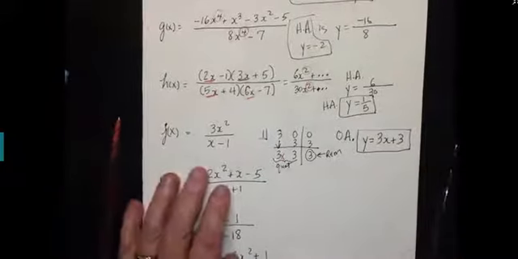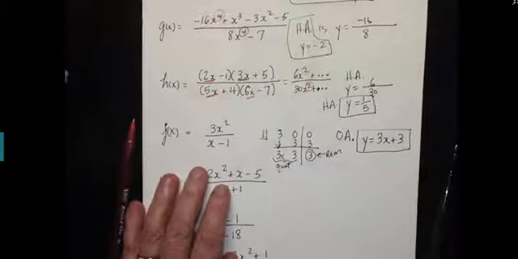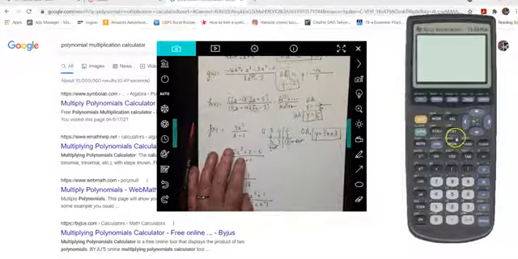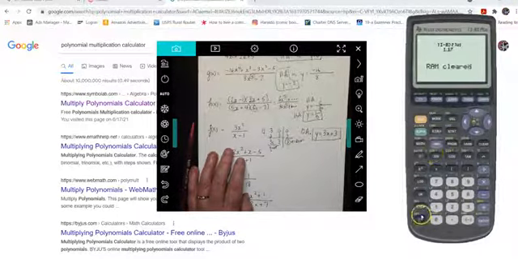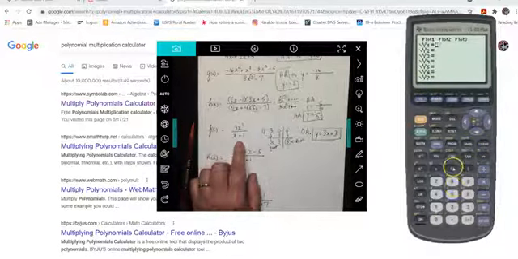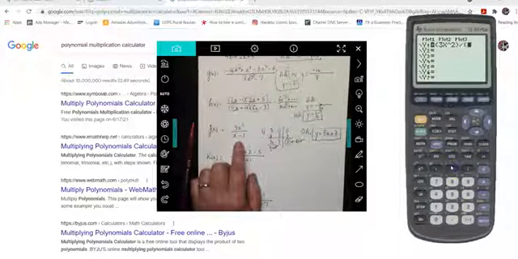Let's have a look at that one on the graphing calculator. Okay, let's just look at 3x squared in the numerator divided by x minus 1 in the denominator.